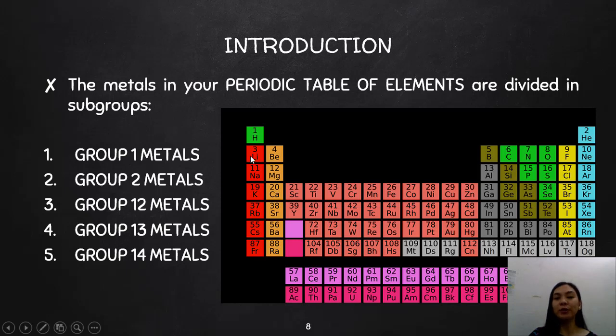You have your group 1 metals, which is here. So these are your group 1 metals, followed by your group 2 metals, which is here. And of course, your group 12, I believe it's somewhere here. 12, 13, 14. But just to be sure, we will be taking a look at each group.